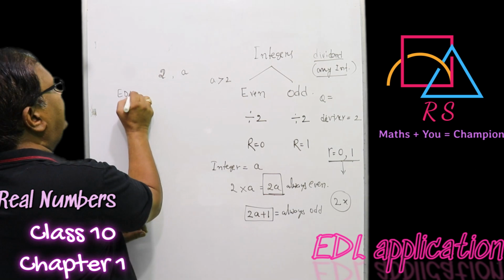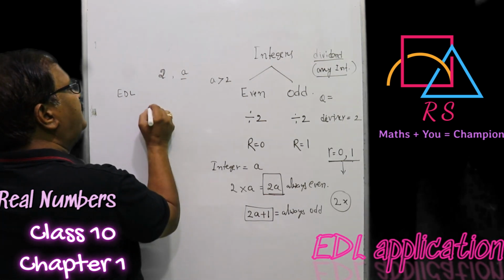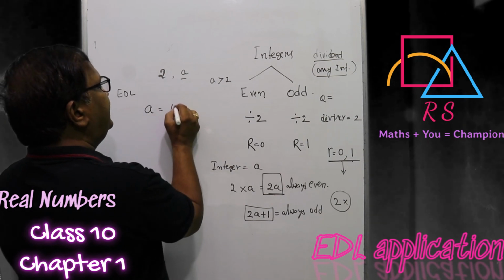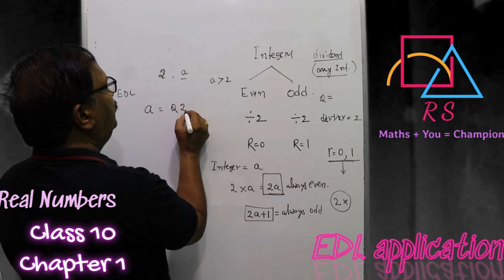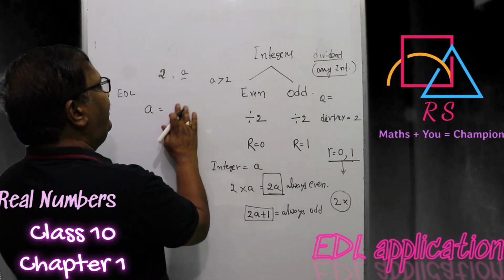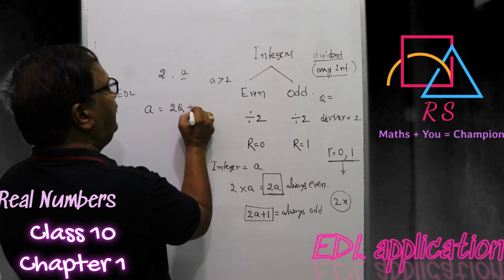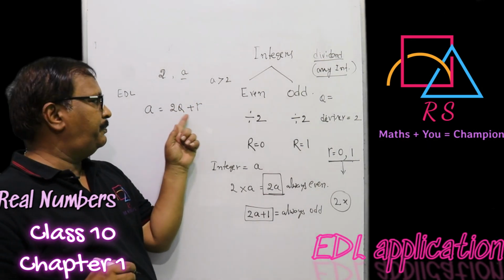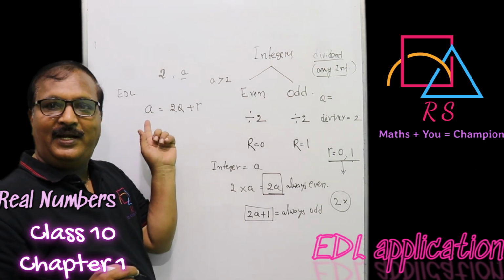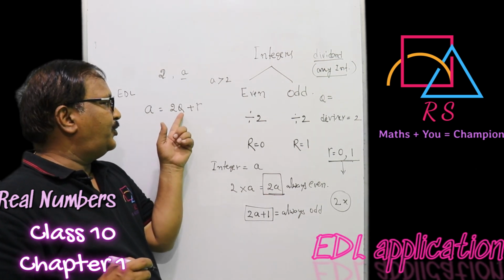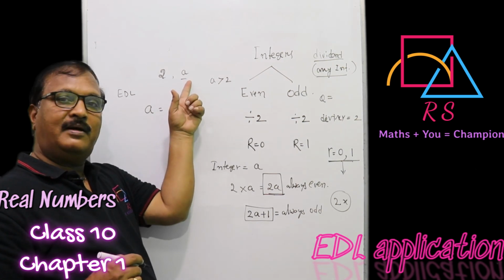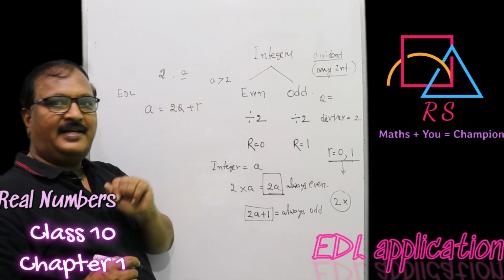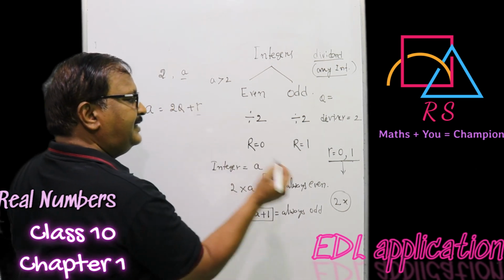So what is the EDL? The dividend a = 2q + r, where q is the quotient. The quotient depends on the magnitude of a. Then what are the possibilities for r?